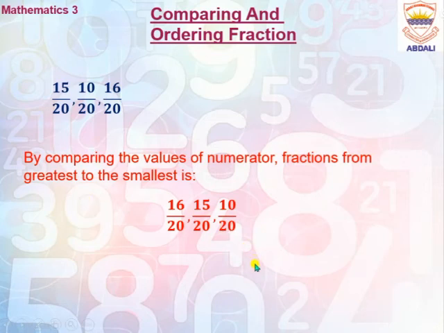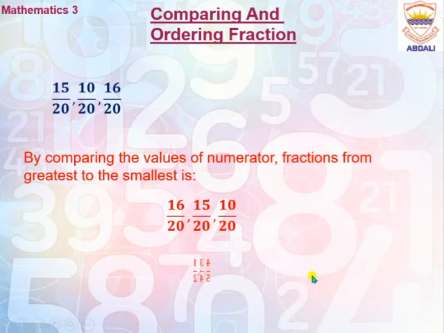But you should remember that I told you when we compare fractions, in your final answer you need to write down your original fractions, not the converted fractions. So you will see from which fraction we got 16 by 20.